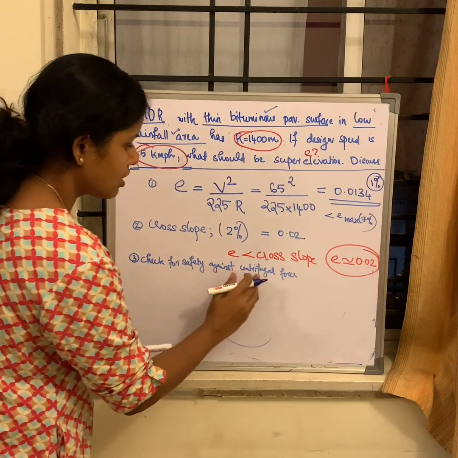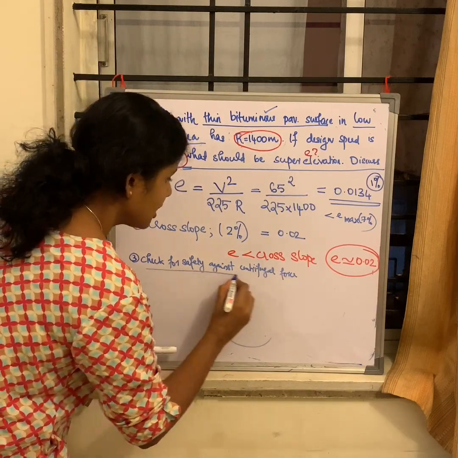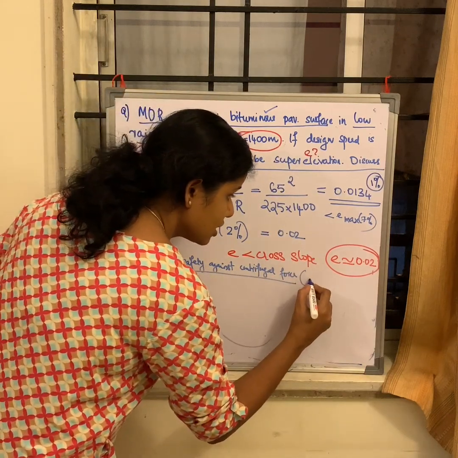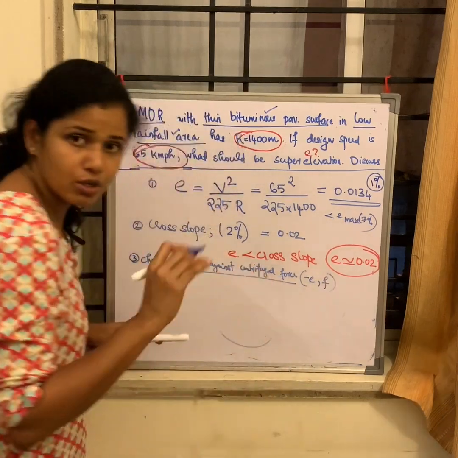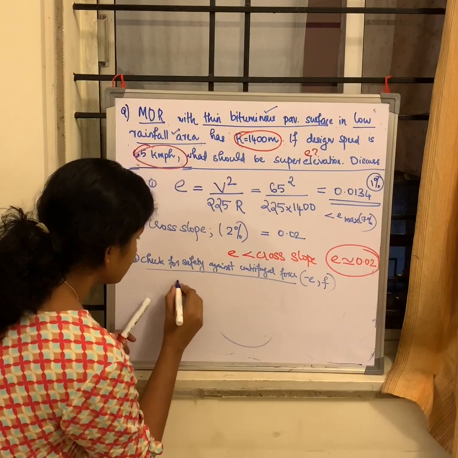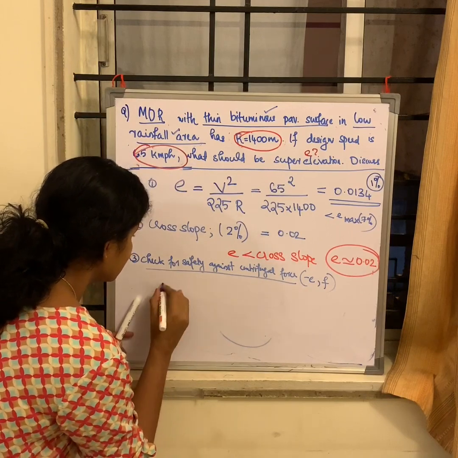So check for safety against centrifugal force, especially at the outer edge, considering the negative super elevation and coefficient of friction. So first we will consider what the skid resistance is.